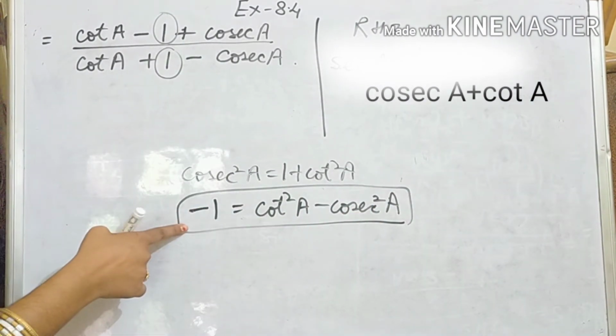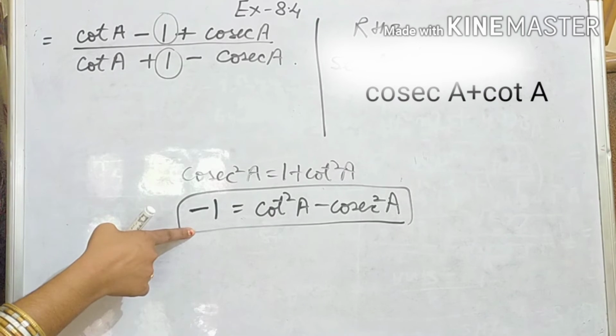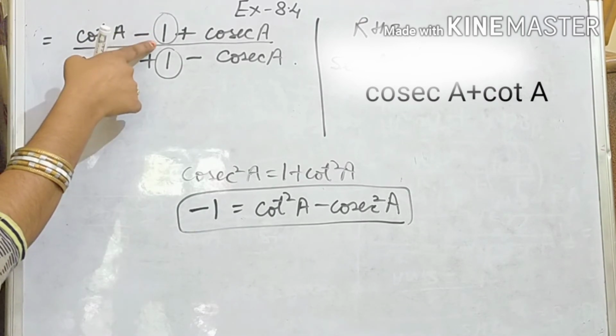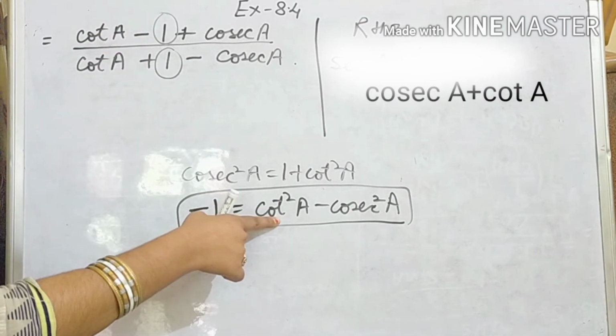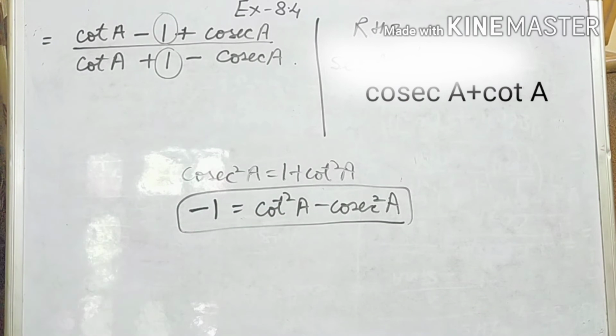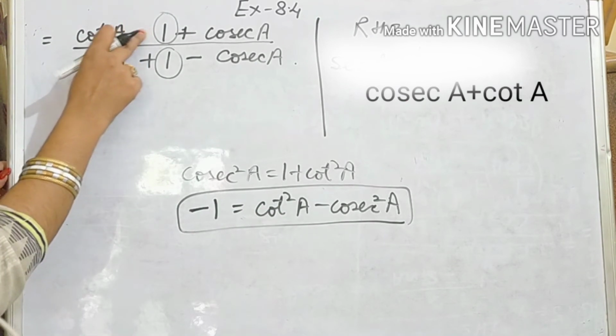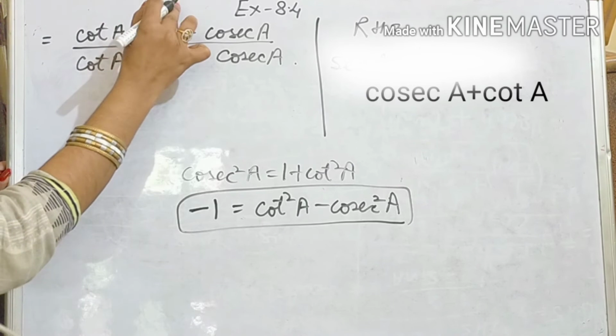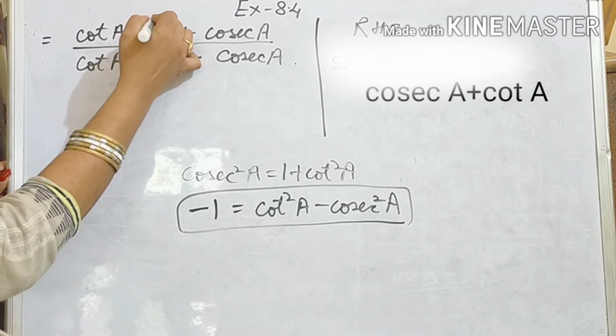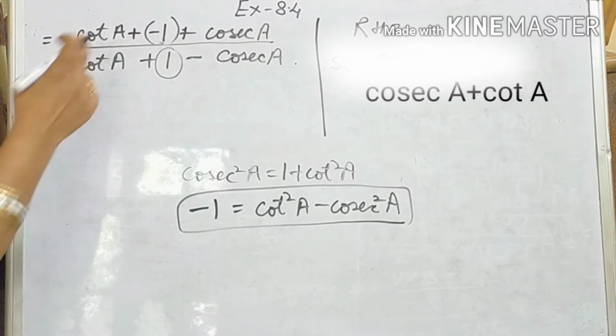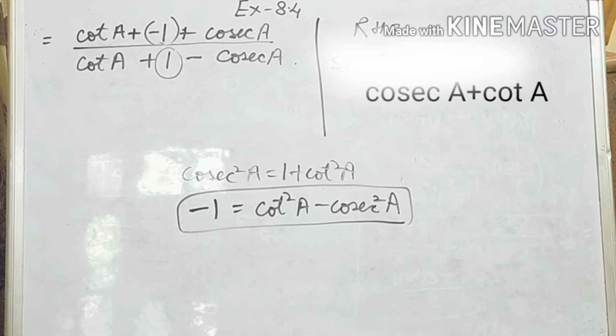Okay, I'm using this identity and I'm putting the value of -1 here in the numerator, and the value is cot square a minus cosec square a. First of all, I can write this as plus and -1, isn't it? Because plus minus is minus, so it will be the same.